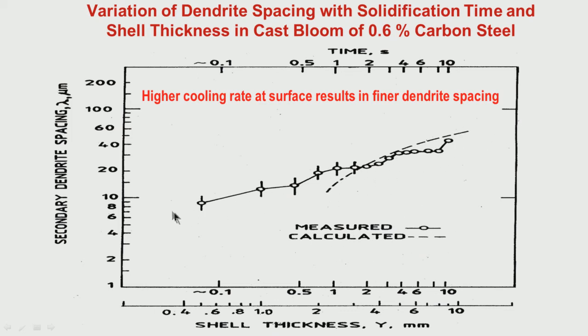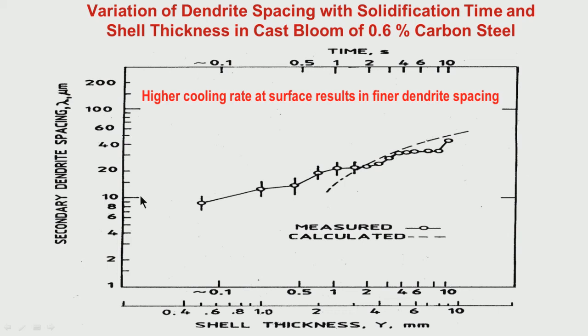So, what is happening? Secondary dendrite size is say 10 micron at the surface, and after a time of say 10 seconds, or at a shell thickness of say 10 millimeter, you will find dendrites are about 50 micron.